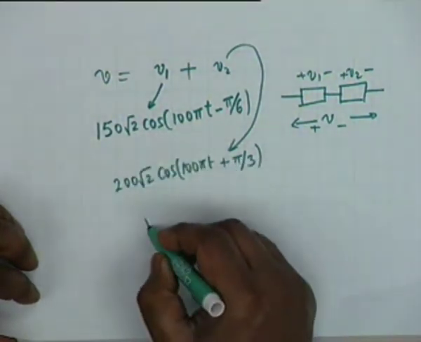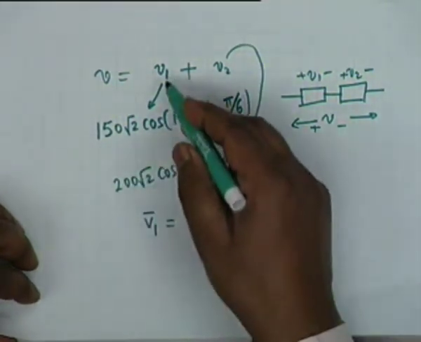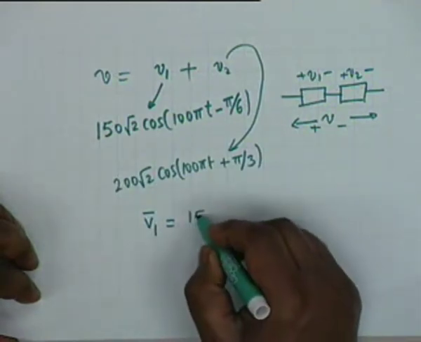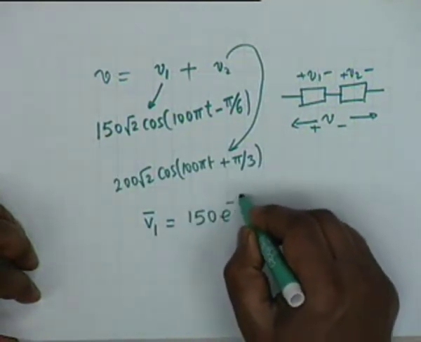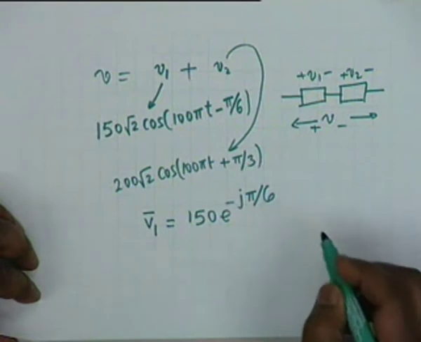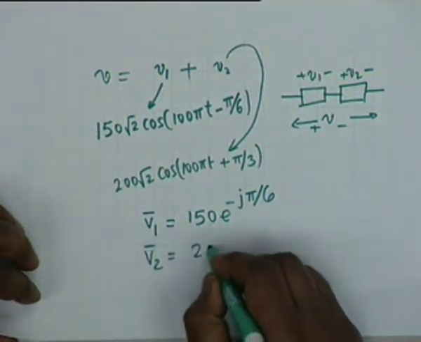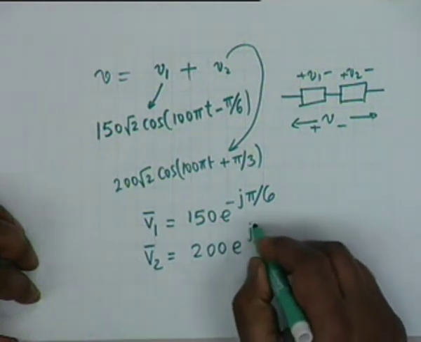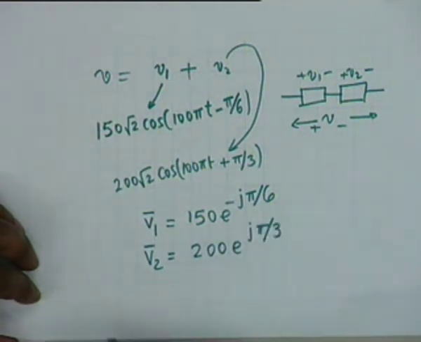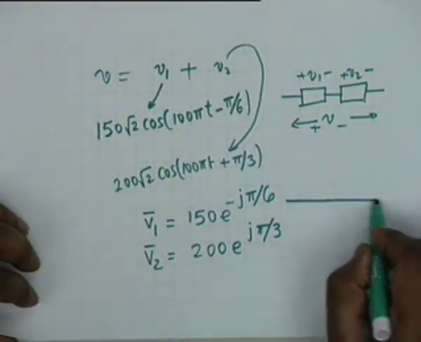We represent this by a phasor. V1 phasor corresponding to this is simply 150 e to the minus j pi by 6, and V2 phasor is 200 e to the power j pi by 3. Alright. We represent them in the complex plane.